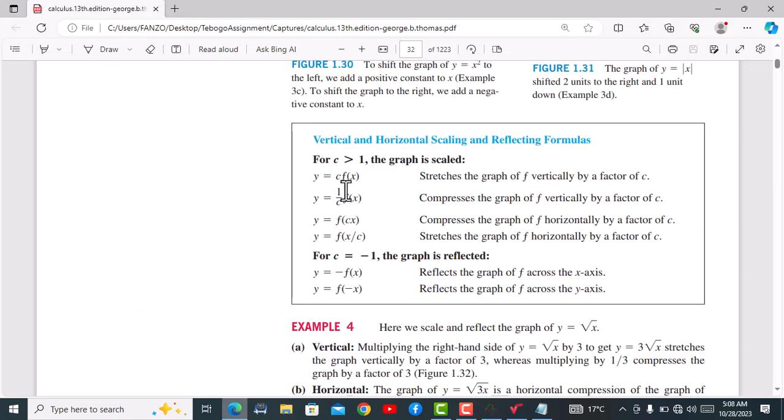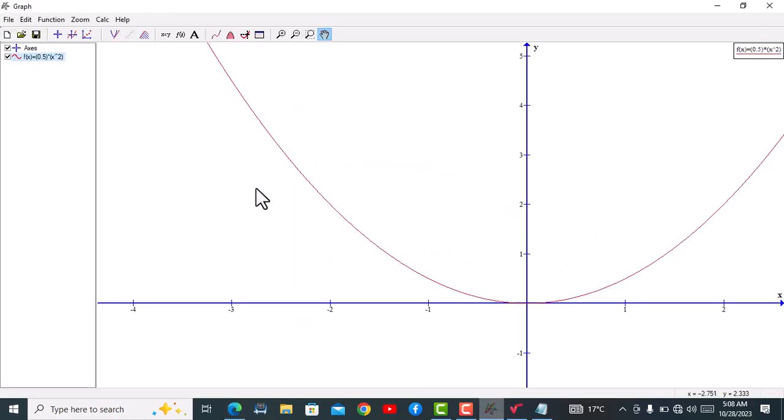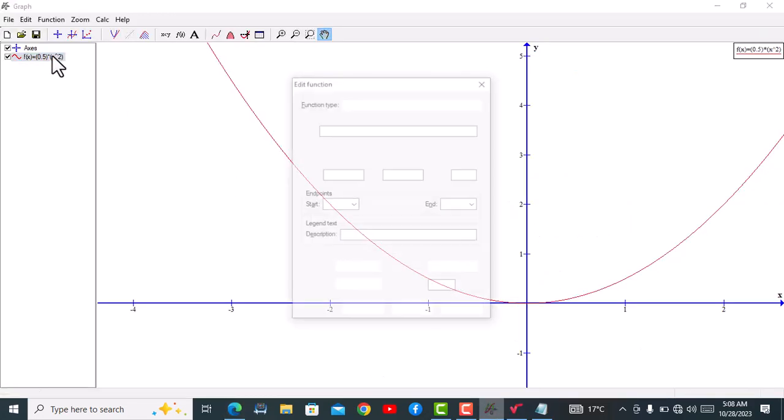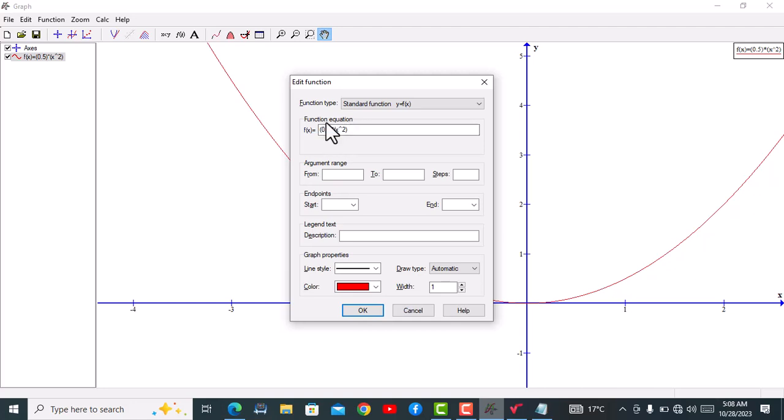Right, and then even with one function as a fraction, we can see that. And then if you take the value and multiply this constant by your function there, it compresses the graph of f horizontally by a factor of c.